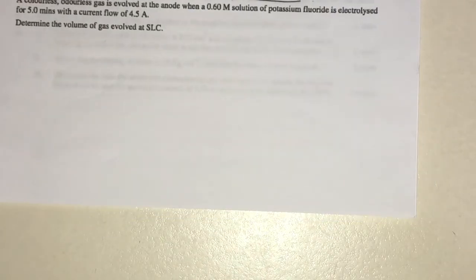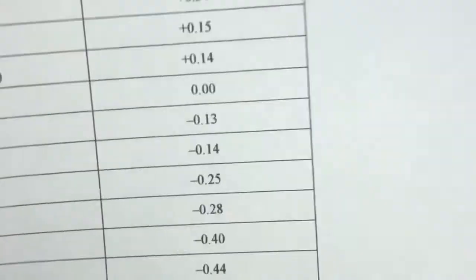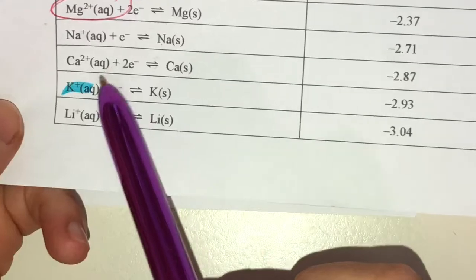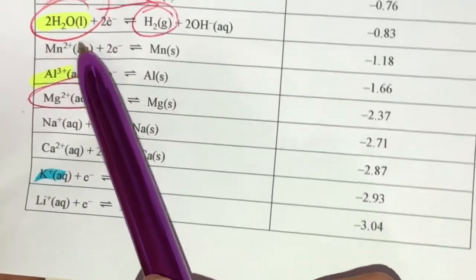Okay, so let's give this question a go. A colourless, odourless gas is evolved at the anode when a 0.6 molar solution of potassium fluoride is electrolyzed. All right, so let's have a look at that. Potassium is here, which is much further down than water.